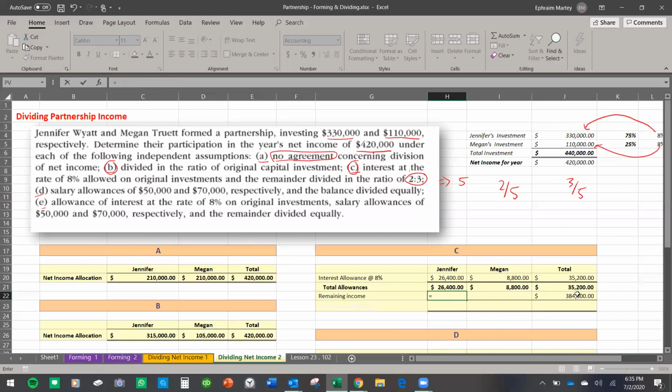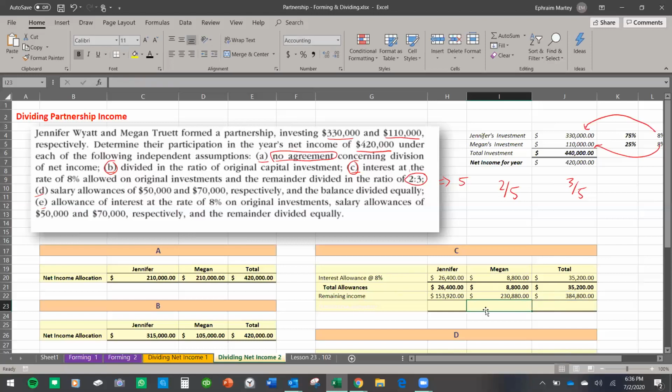So we take the remaining, multiply by 2 divided by 5. That's how we do it. 2 divided by 5 is for Jennifer. And then we do the same process for Megan, that one multiplied by 3 divided by 5.